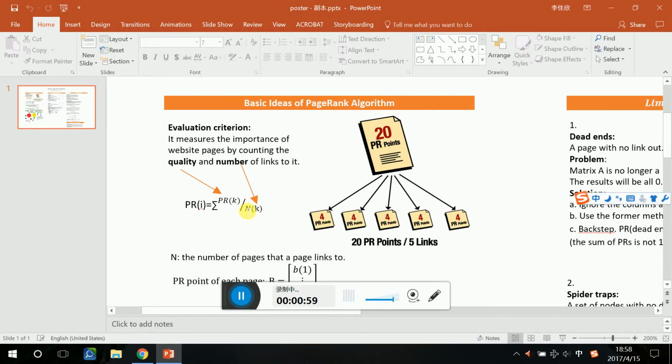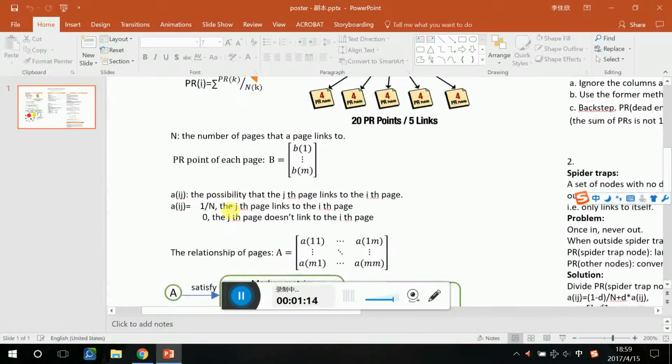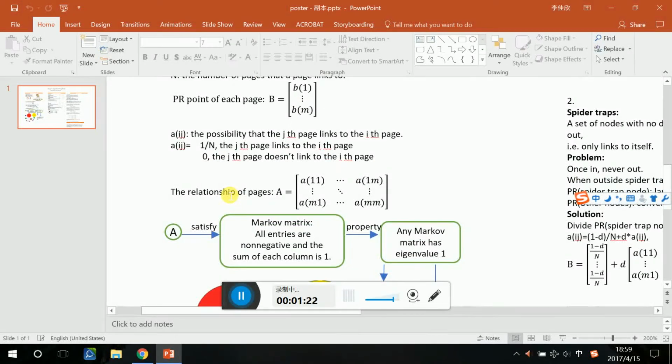But you may ask that you're using points to calculate points. How do we get started? Well, we use the property of eigenvectors to solve this problem. The points of each page are represented by a column vector, and the relationship of pages is represented by a matrix.